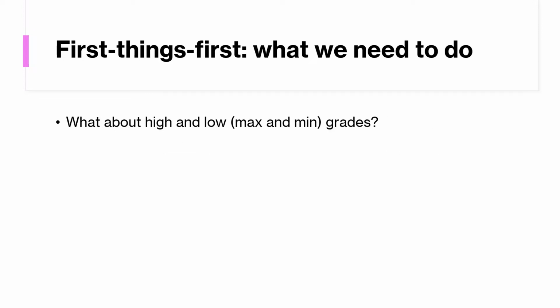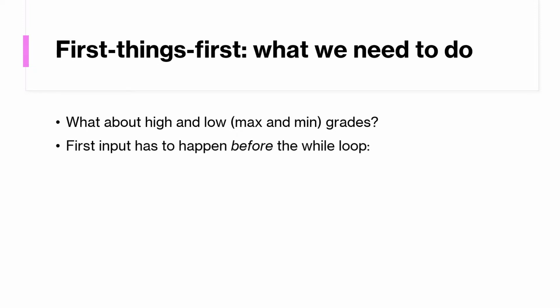But what about those high and low, or max and min in technical speak, grades? Okay, to figure that out, there's a trick that's been developed in computer science over the years where the first input has to happen before the while loop. Okay, the reason for that is that we have to initialize the max and min values to something.